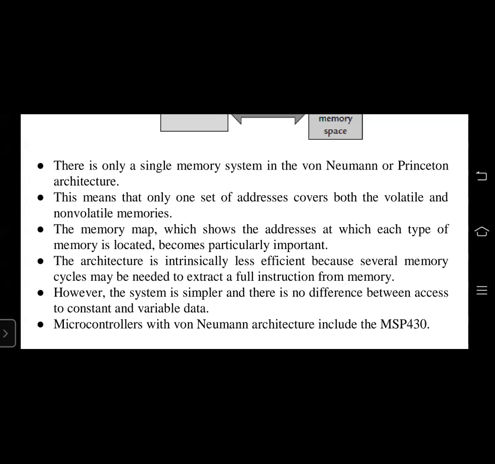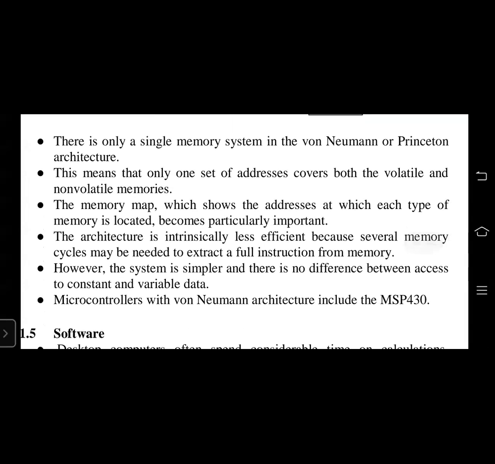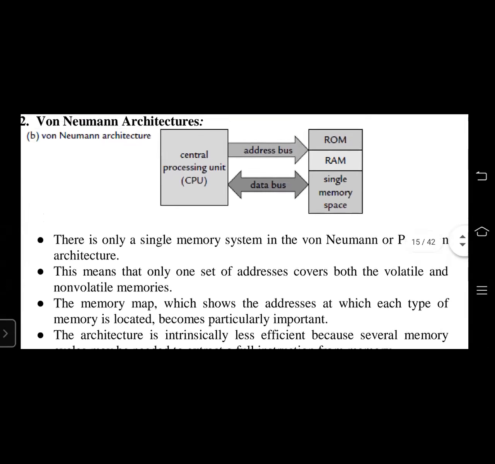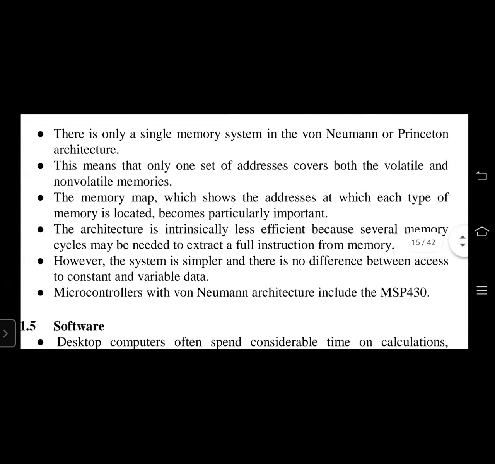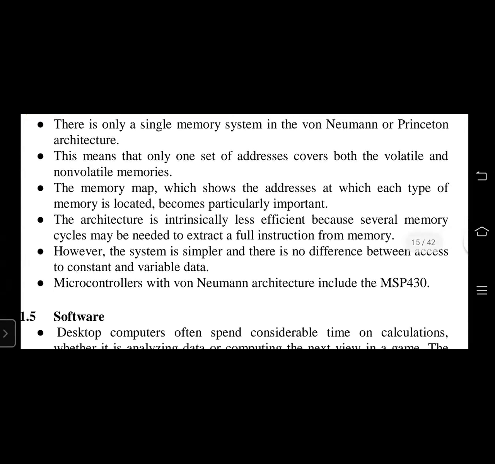However, the system is simpler and there is no difference between access to constant and variable data. So you will access the constants in the same way as you access the data. There is no difference, which was there in the Harvard architecture.